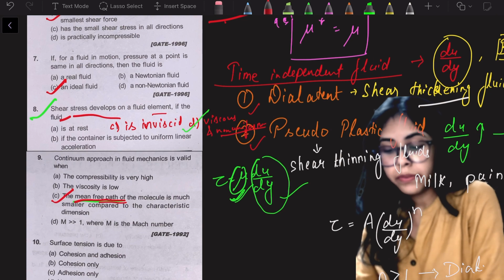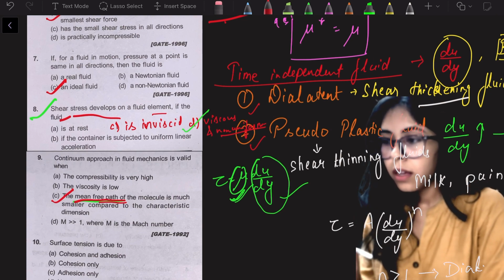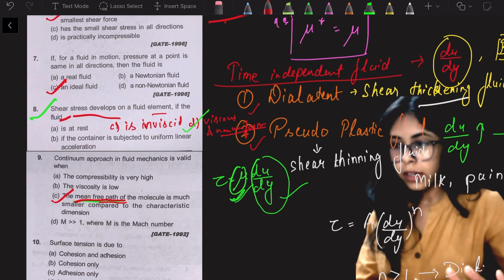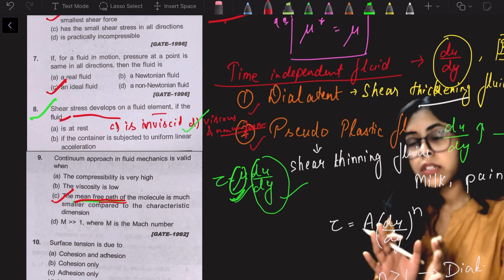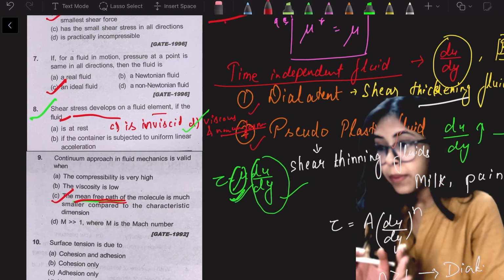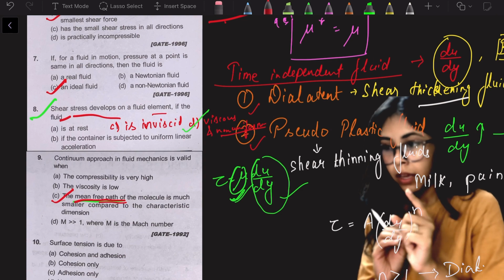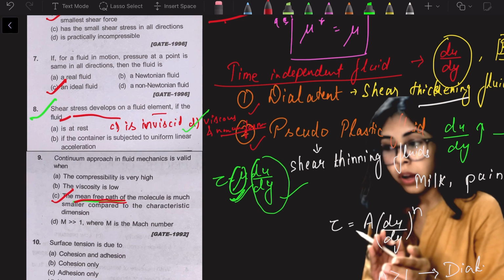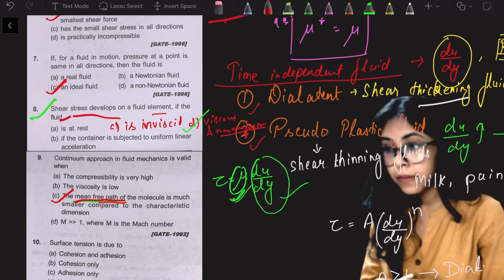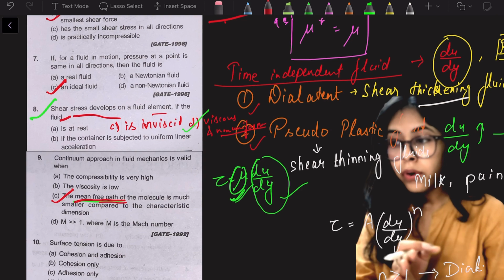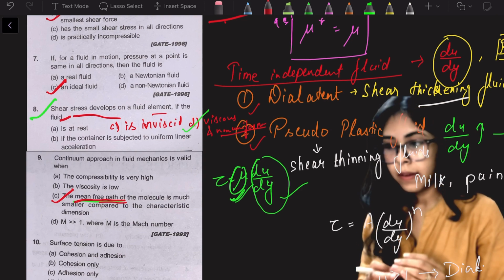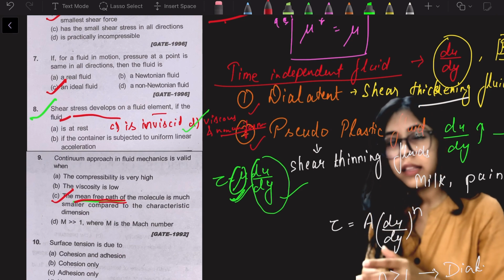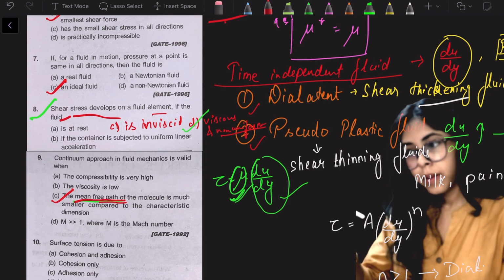Why is the mean free path very small? See, what happens here, it is already calculated that the statistical average distance molecules travel between two successive collisions, if the mean free path is very small as compared with the characteristic length of the flow domain, the molecular density is very high. That means if the mean free path is very small, molecular density is very high.